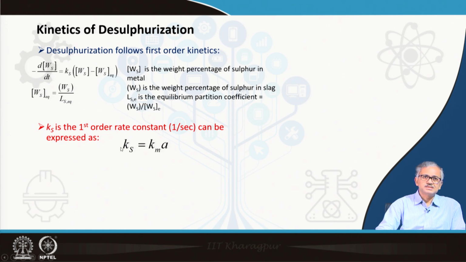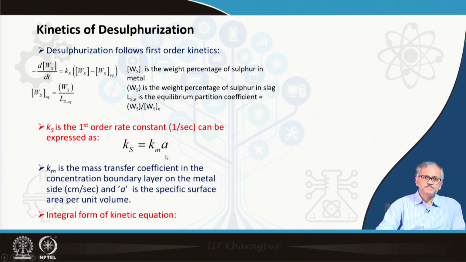So, there is Ks, the rate constant, correlated with the mass transfer coefficient and the specific interfacial area at the reaction interface.